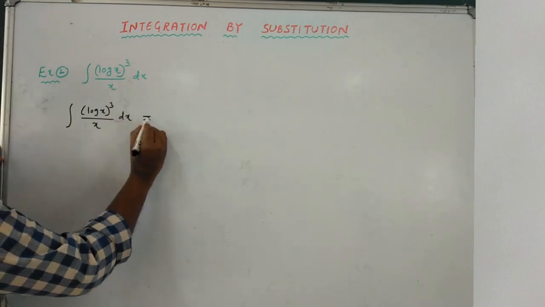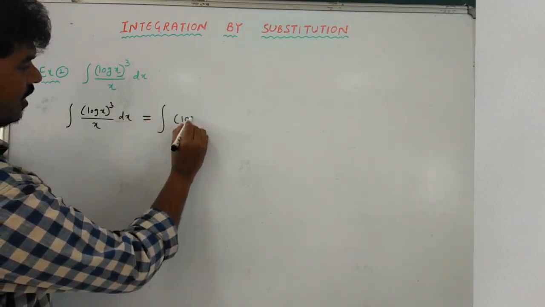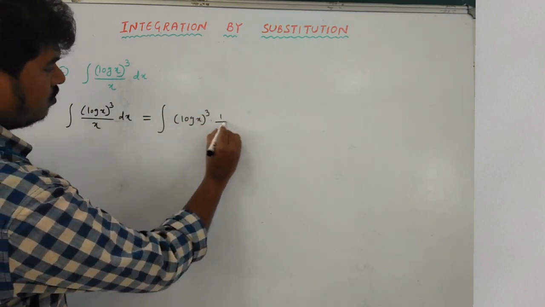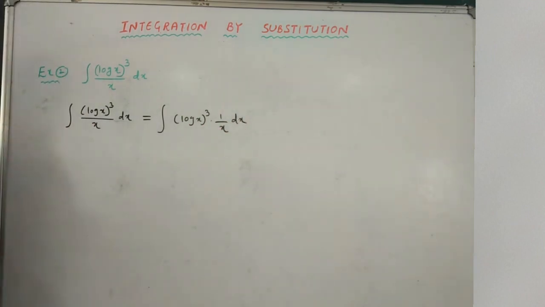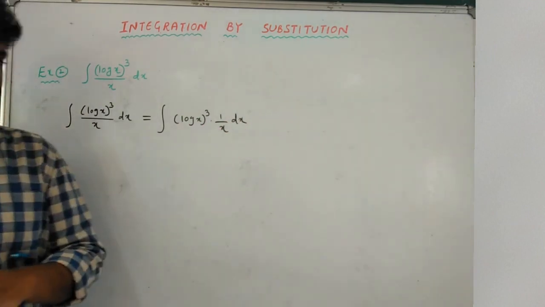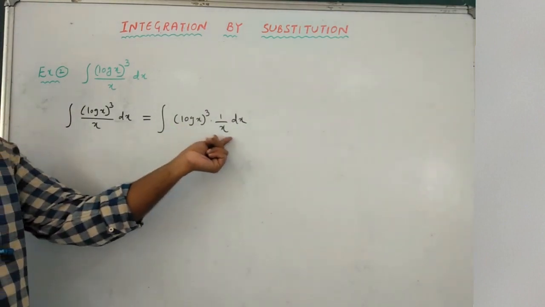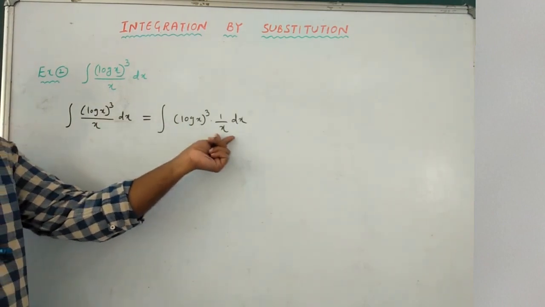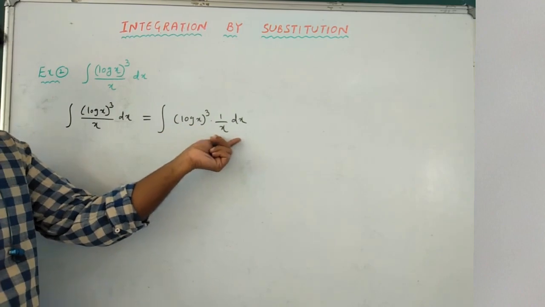I am going to write this as the integral of log x whole cube into 1 by x dx. In this question, you can observe two functions: one is log x, one is 1 by x. The derivative of log x is 1 by x.